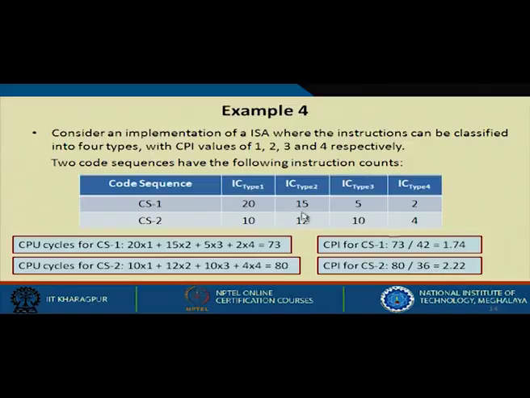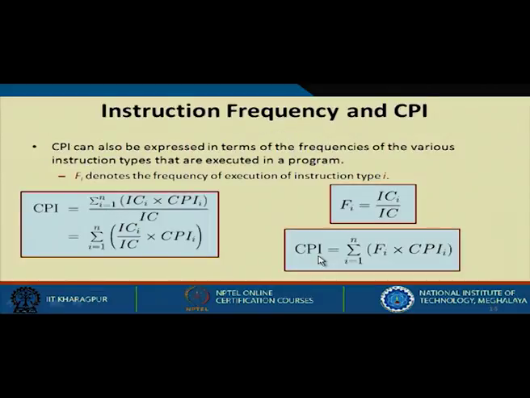So, we can see that it greatly depends on both the type of instruction and what is the CPI of that type of instruction. So, both vary. So, this is instruction frequency and CPI, where CPI can be expressed in terms of frequencies of various instruction types that are executed in a program.